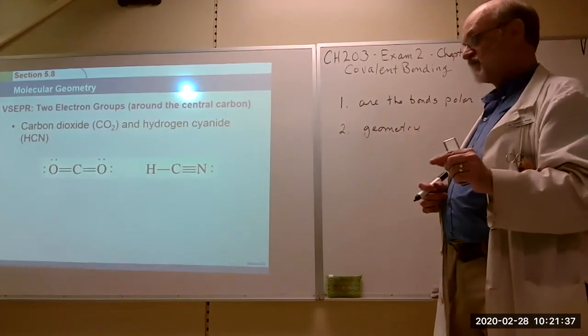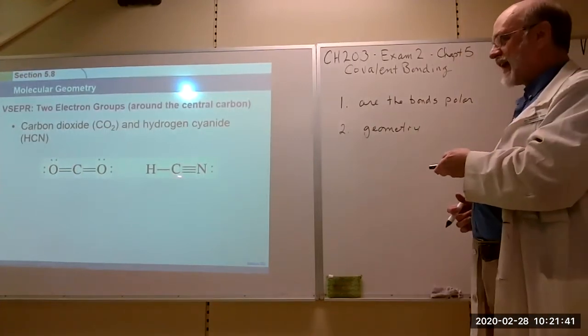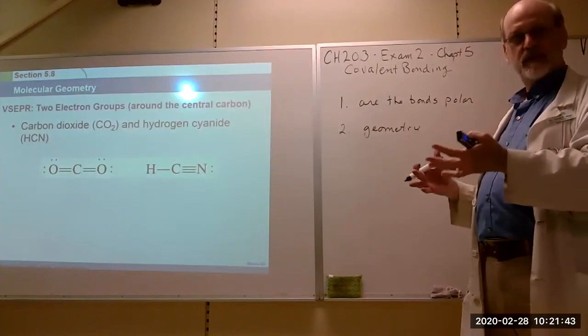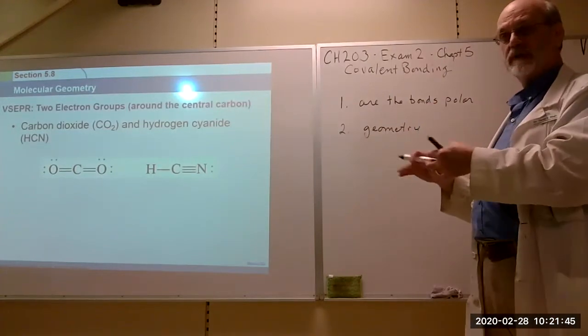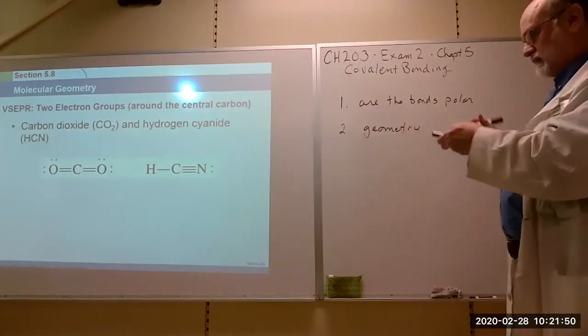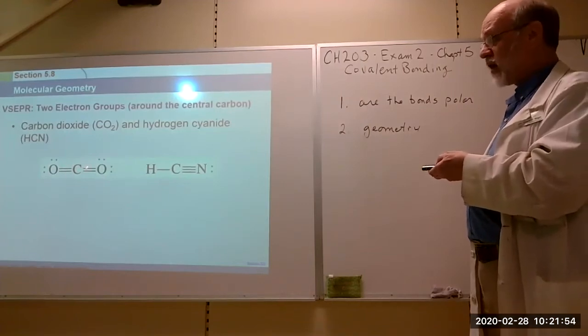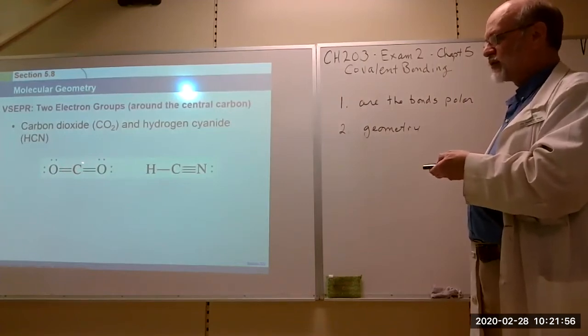So we're going to keep it simple, so that you can recognize the central atom, with only 3 or 4, at most 5 members, so it does not get too complicated. In this case, carbon's the central atom, and it has 2 groups around it.